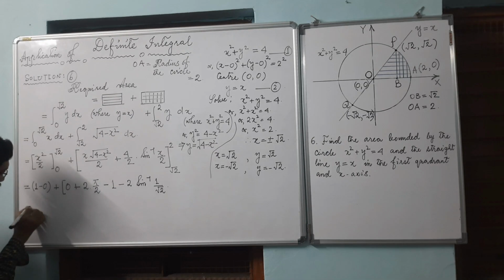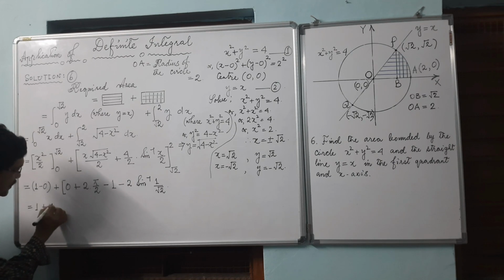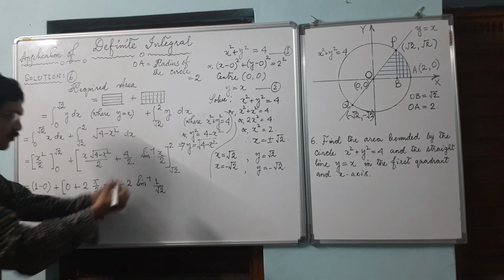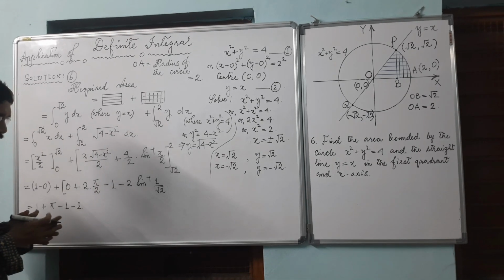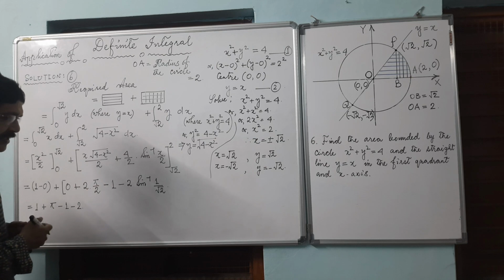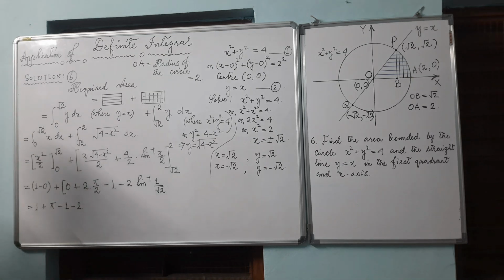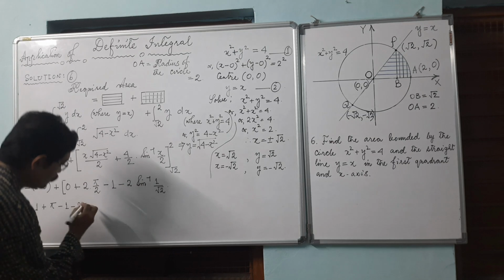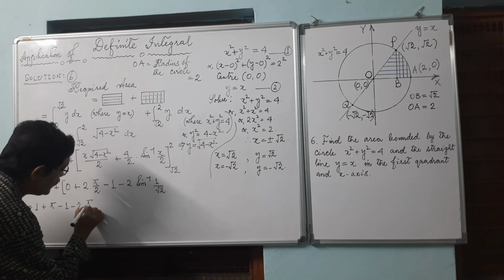Now this is simply 1 plus 2 into pi by 2 means pi, minus 1 minus 2 into sine inverse 1 by root 2. Since in inverse circular functions we have the result, sine pi by 4 means sine 45 degree gives the result 1 by root 2, so sine inverse 1 by root 2 is simply pi by 4.